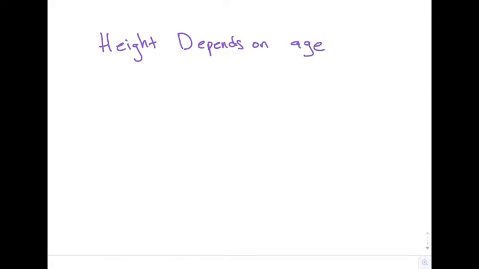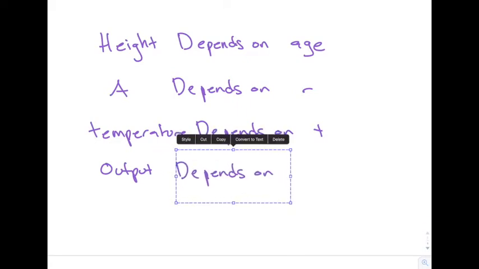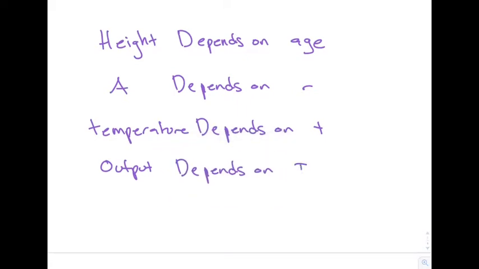The area of a circle, A, depends on the radius of that circle, R. Temperature depends on the time of day, T. In other words, the output depends on the input.